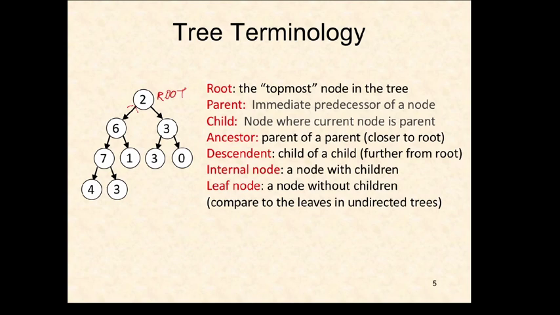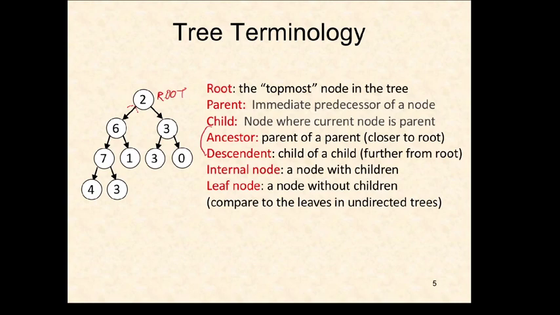Now, if we look up the tree, any node that is a parent or a parent of a parent, etc., anything closer to the root along a path of edges is an ancestor. If we look down the tree, a child or a child of a child, etc., is a descendant node, as long as these two must follow a path of pointers.